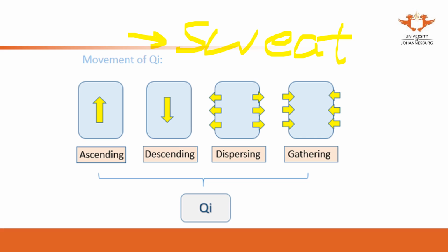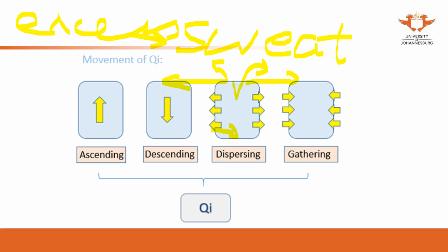Every human being needs to sweat. But if you suffer from excess sweat, which means sweating too much, that's the dispersing function. Something moves from your body out of the body, from inside to outside, too much. We need to recover the gathering function. That's how we treat the sweating.